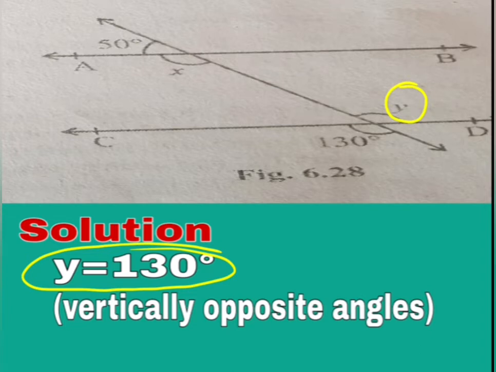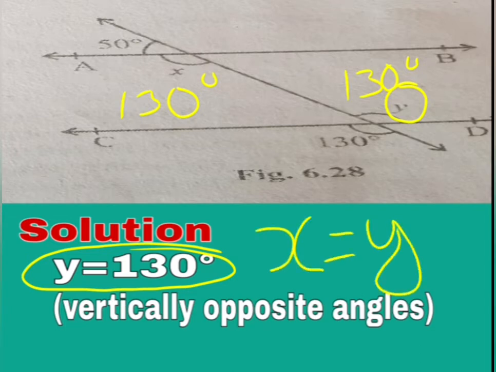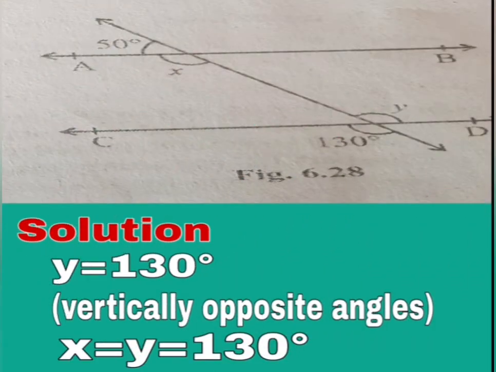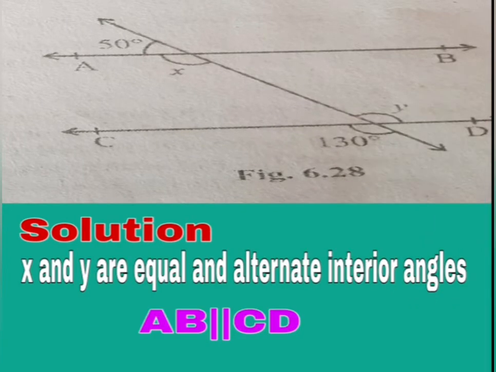So by this conclusion, for x we got 130 degree and for y also we got 130 degree, which means the values of x and y are equal. Here x is equal to y is equal to 130 degree.